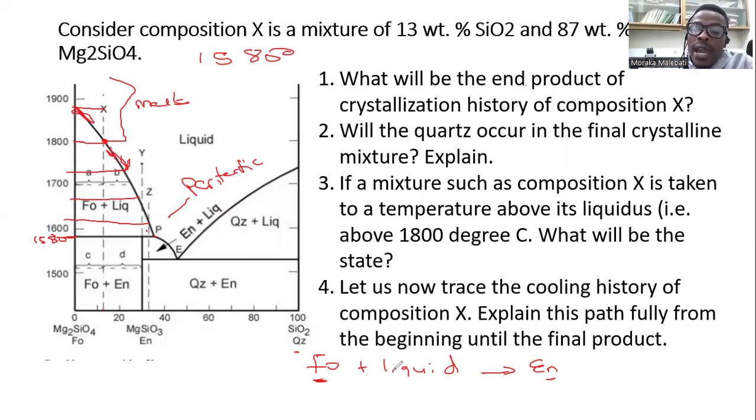That's why we have 3 phases at this point. So some of the crystals of forsterite must react with the liquid to produce enstatite.